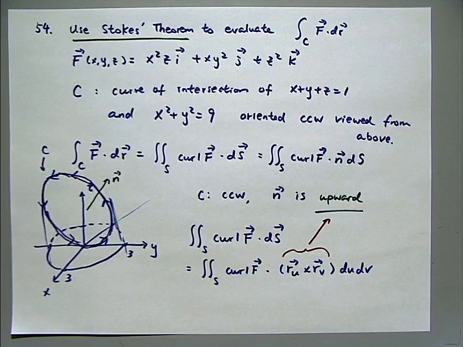And then the z will be slanted right here. And z, as you can see, is going to be dependent upon the plane, because that ellipse is resting on the plane x plus y plus z equals 1. So that means that z is equal to 1 minus x minus y. And you're going to put this together so you have a circle of radius 3, and then z is equal to that.